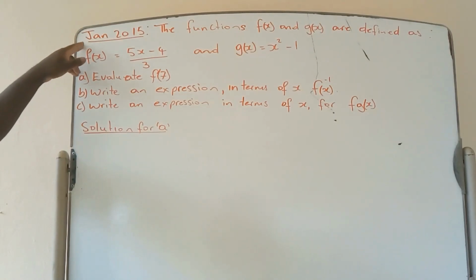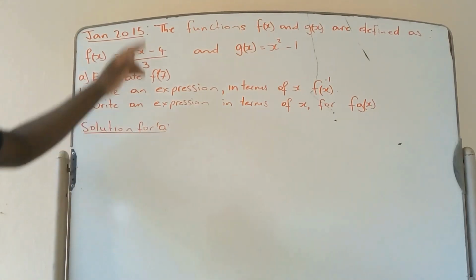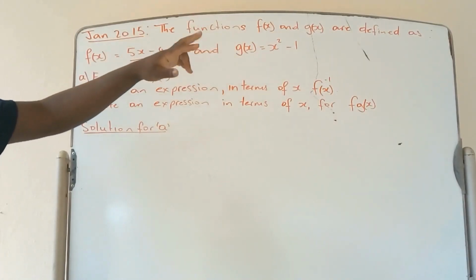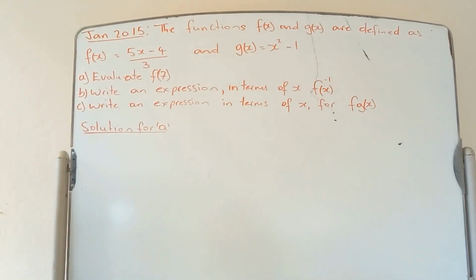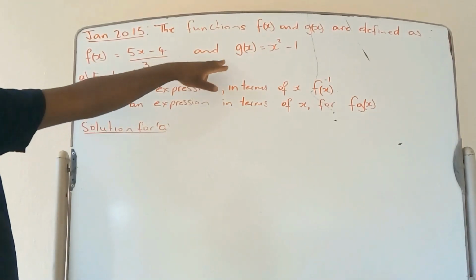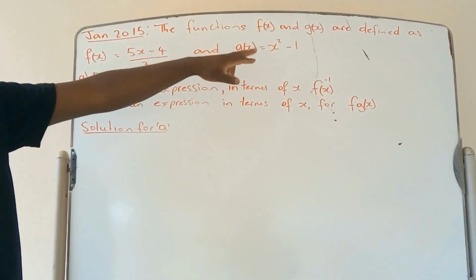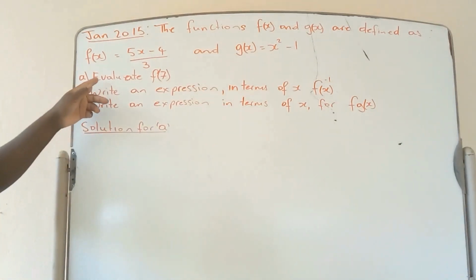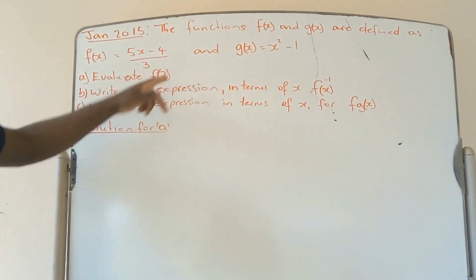January 2015 past paper. The functions f of x and g of x are defined as f of x is equal to 5x minus 4 divided by 3 and g of x is equal to x squared minus 1. Evaluate f of 7.